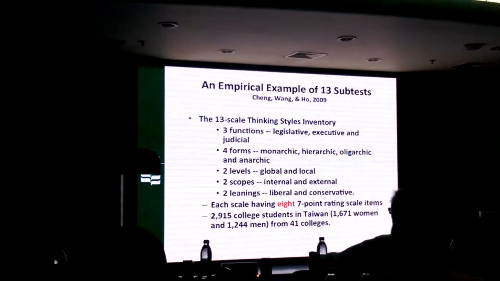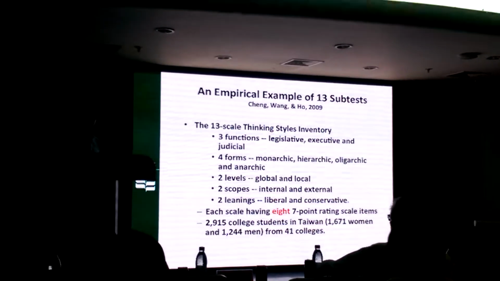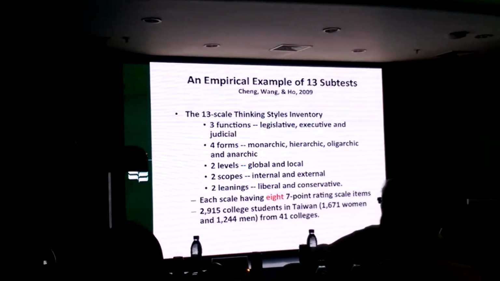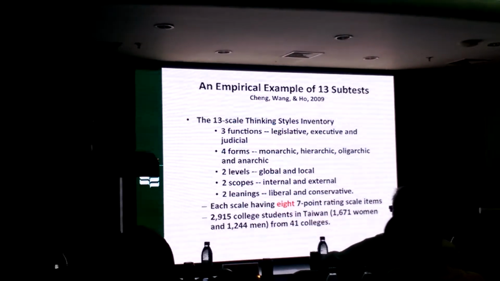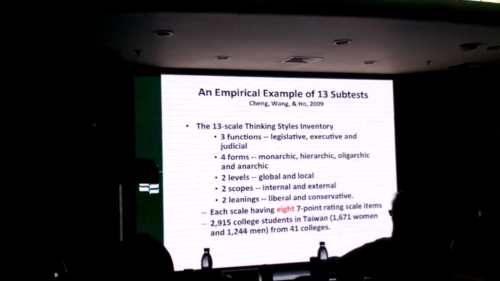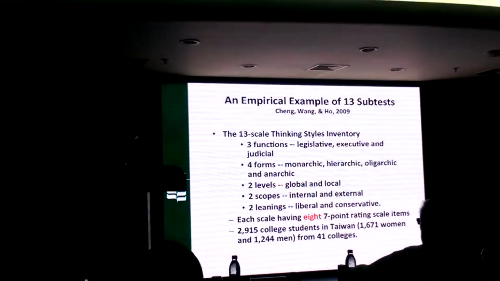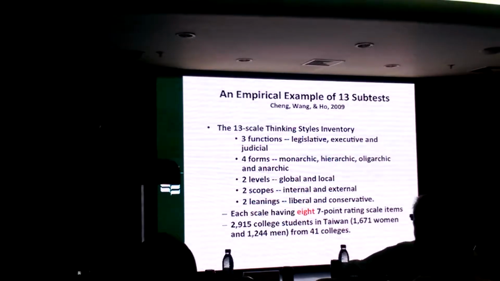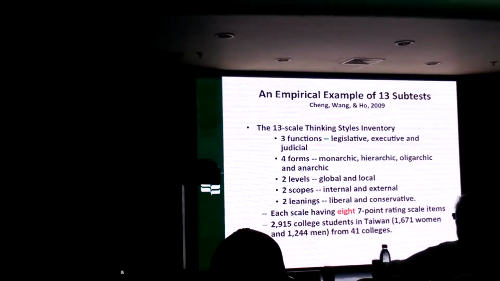We can either use Winsteps or a unidimensional model to analyze these 13 scales one scale at a time, or we can adopt a multidimensional model to analyze these 13 scales simultaneously. Then we can compare the difference between these two approaches.